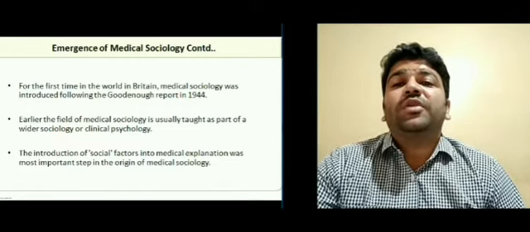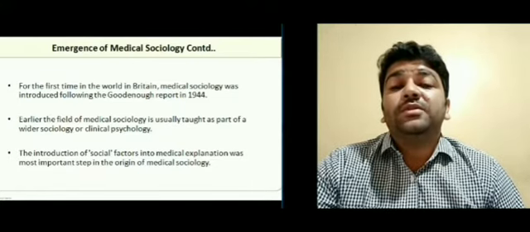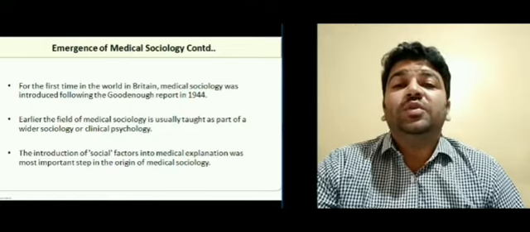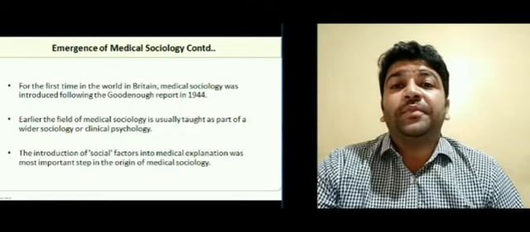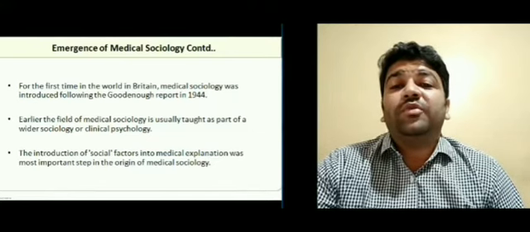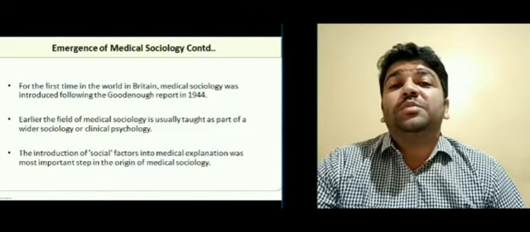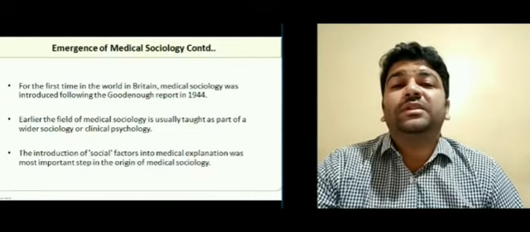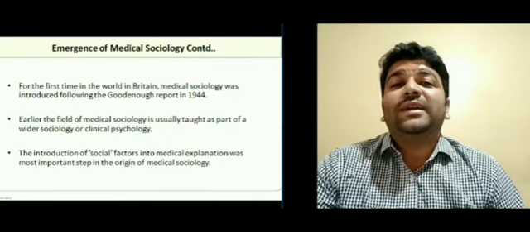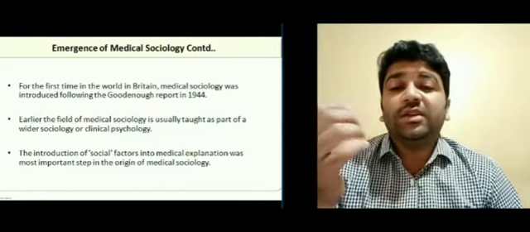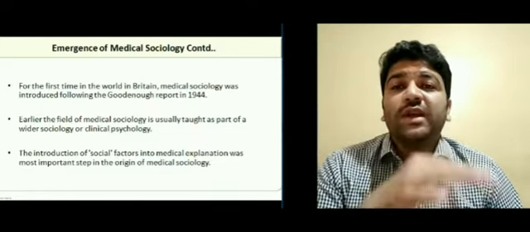In 1944, medical sociology came up in the United Kingdom. There was a good report in 1944, in which it was mentioned that social explanations of medical diseases meant, for some doctors, a redirection of medical thought from purely clinical and psychological aspects to social aspects.